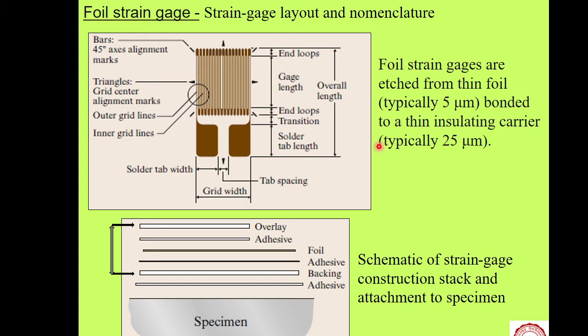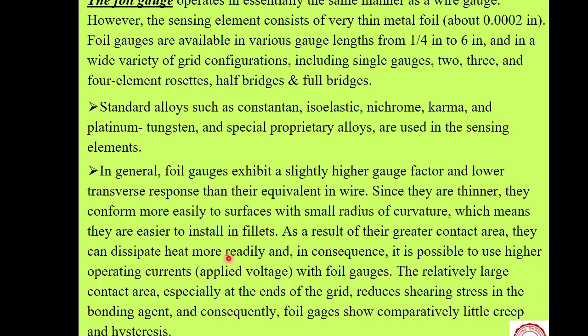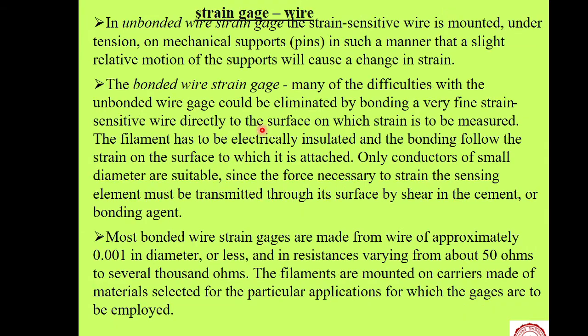So, the thickness of the gauge is also specified by the manufacturer. This is the foil gauge, it operates on the same principle, with slightly higher gauge factor, etc. Whatever these slides are available to you, I am not going to discuss this.